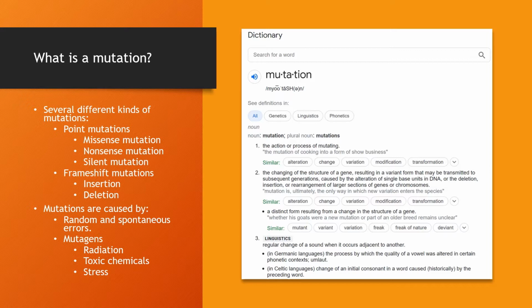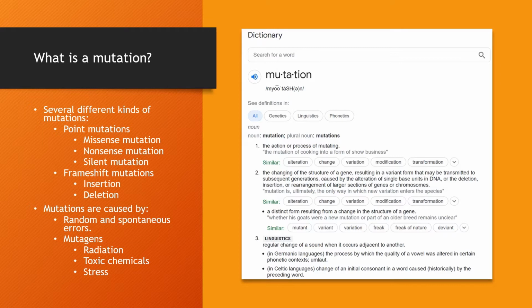We're going to talk about missense, nonsense, and silent mutations, which all fall under the category of point mutations, because that's where a single nucleotide changes, a single point. And then frameshift mutations shift the entire three nucleotide codon frame in one direction or another, depending on whether a nucleotide is inserted or deleted from the DNA strand.